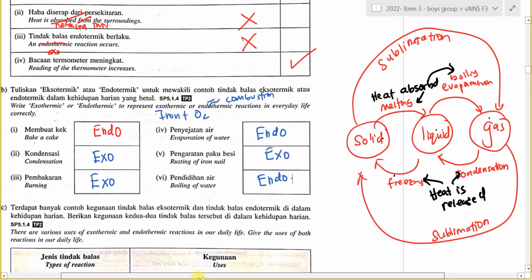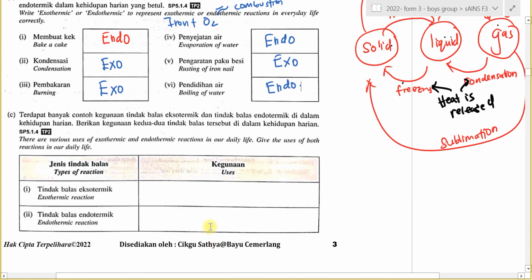Okay, next part C. Types of reaction uses exothermic reaction. Respiration. What are they asking? You give the use of both reactions in our daily life. Okay, respiration. They are asking for process or what? There are various uses of. Okay, respiration can.